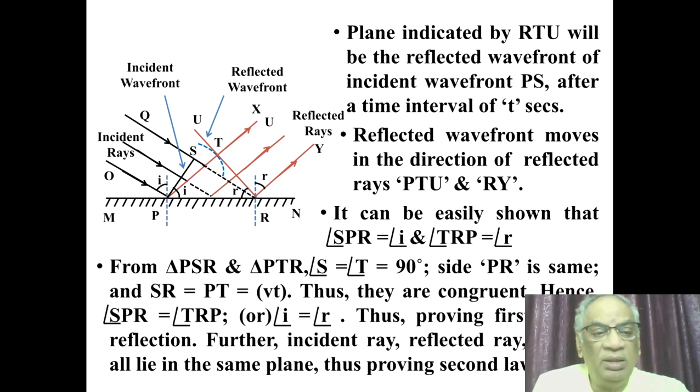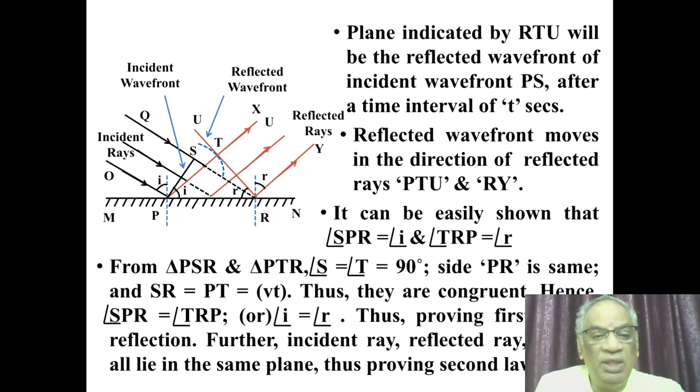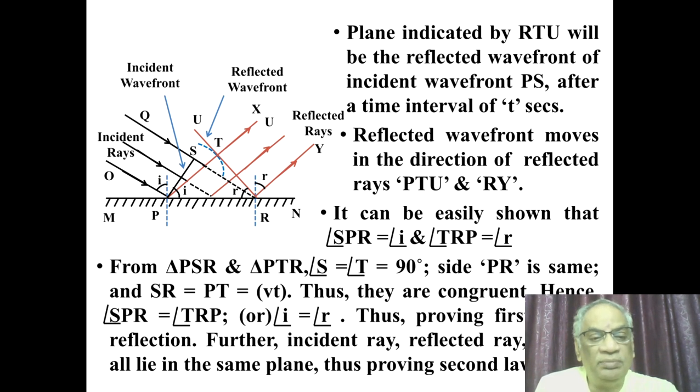From triangles PSR and PTR, it can be seen that angle S and angle T are right angles, that is 90 degrees. The side PR is the same for both triangles. Also, the sides SR and PT are the same and equal to vt.